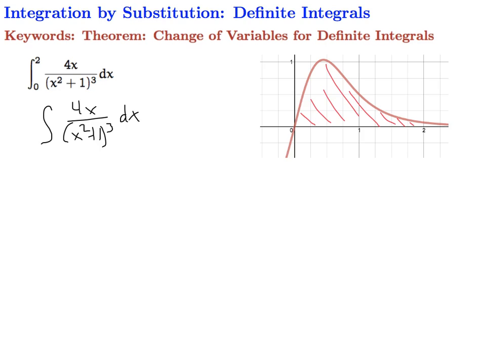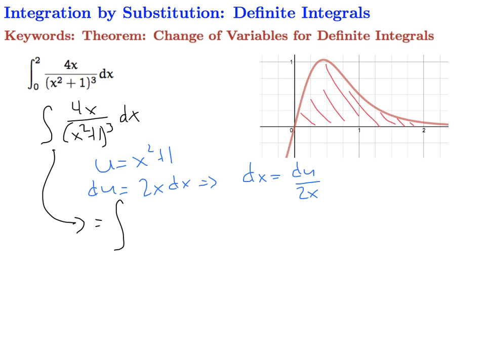So we follow the steps exactly like last time. We choose a u, which in this case is probably going to be a good choice, is x squared plus 1. We compute the derivative, so we get 2x dx, and this tells me then that I can replace all of my dx's with du over 2x. So my integral becomes, let's see, I can replace inside of that cubed with a u.